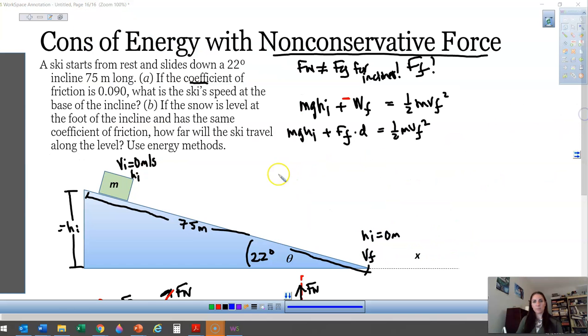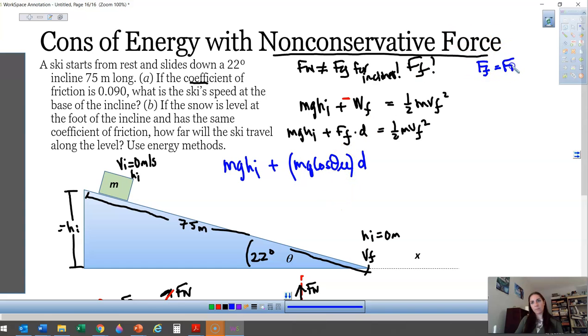So mgh_i plus mg cosine of the angle mu d, that whole thing is force friction, because force friction is force normal times mu, equals 1/2 m v final squared.